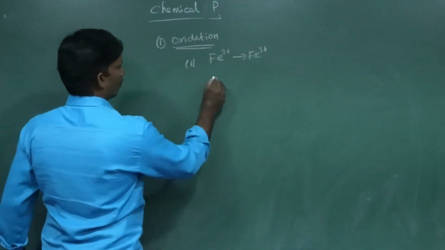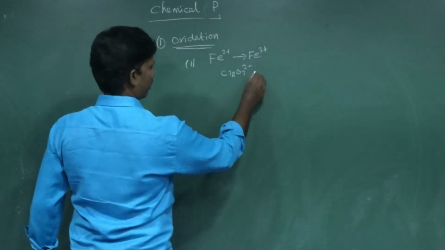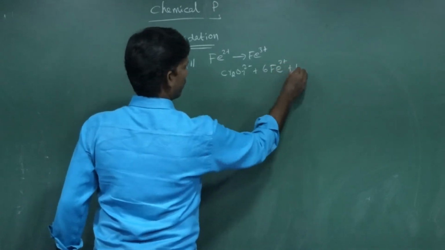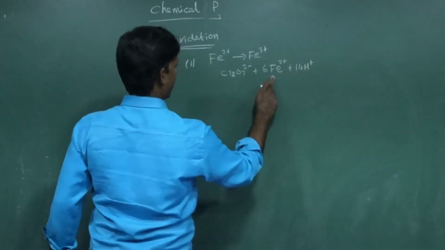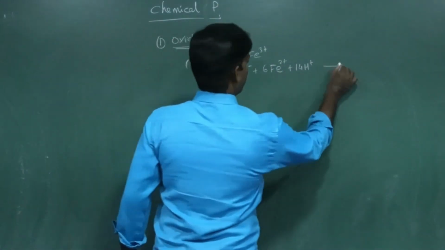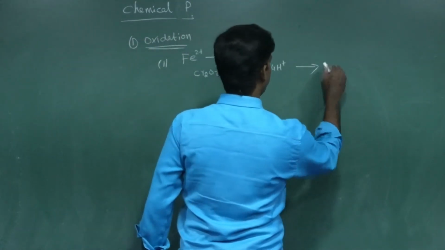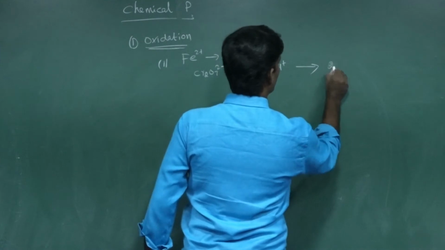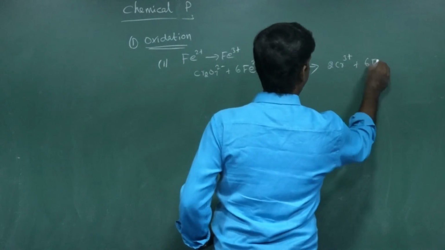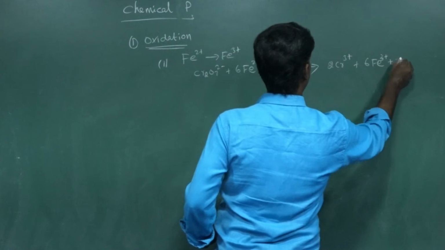See how: Cr2O7 2- plus 6 Fe2+ plus 14 H+. The potassium dichromate is treated with the ferrous salt, and the ferrous salt is oxidized to ferric salt. See here, 2Cr3+ plus 6 Fe3+ plus 7 times water.